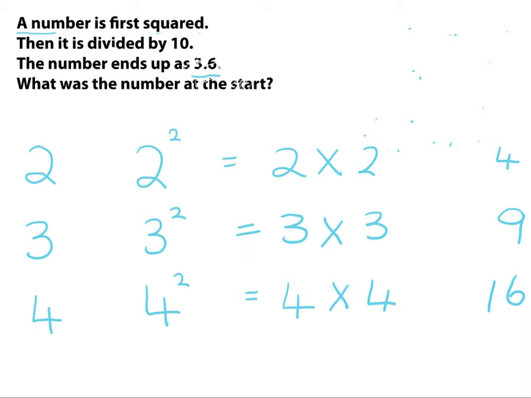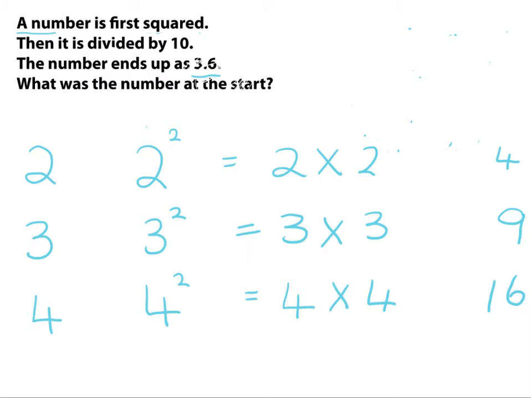Now then, what's 1 squared? Well, it's 1 times 1 and equal to 1, of course. But we can go up through all the numbers to 3,468 and we can square them all.